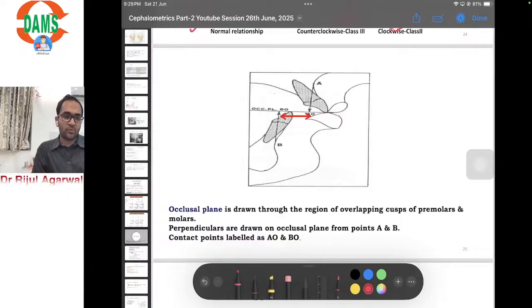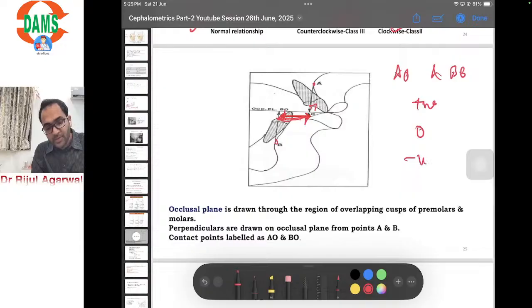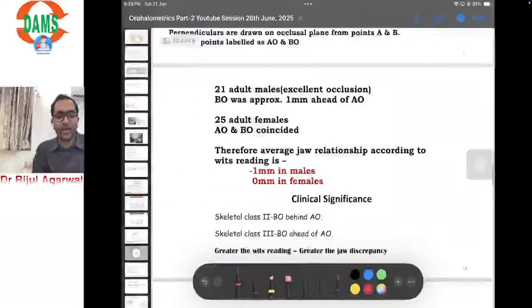From this functional occlusal plane, perpendiculars are drawn from point A and point B onto the occlusal plane, and the distance between them is measured. So AO and BO, and the distance between them is measured. If it's positive, if it's 0, if it's negative, accordingly the diagnosis is done.